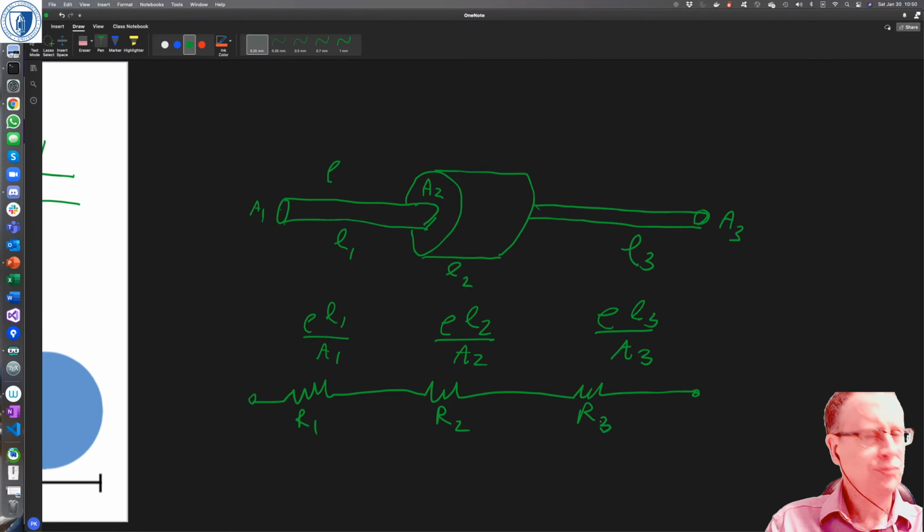Or physical measurement is very good too. That's a very easy way to do it.